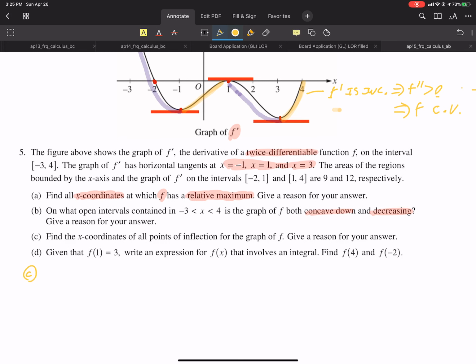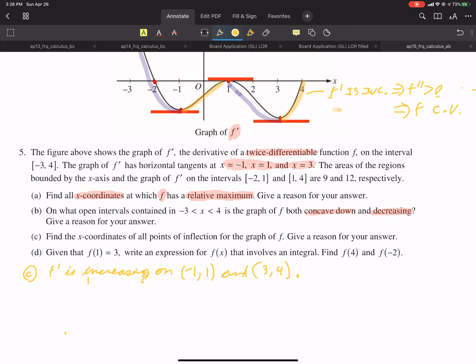So part C, f prime is increasing on the intervals from -1 to 1 and 3 to 4.